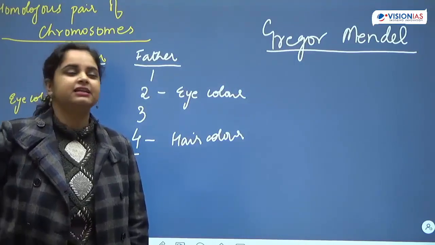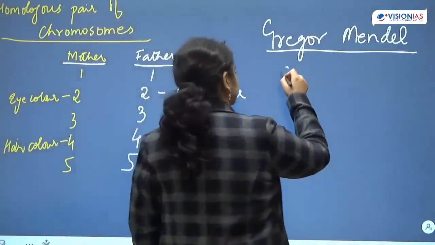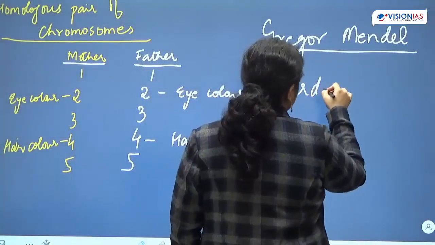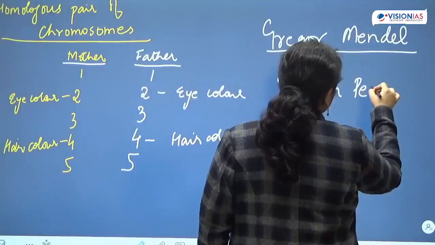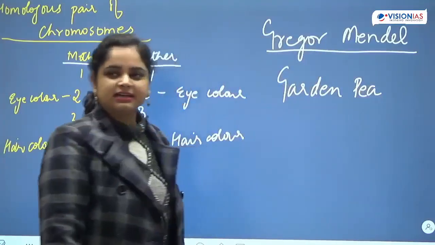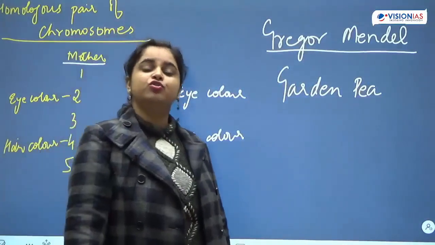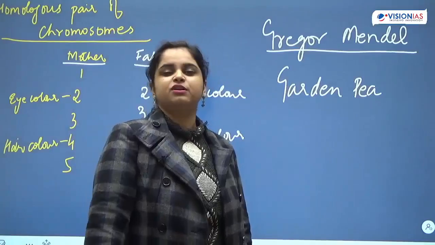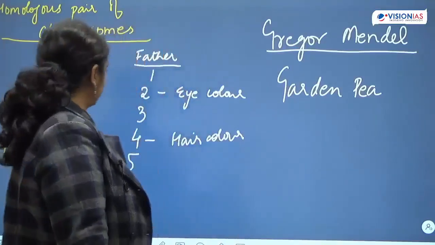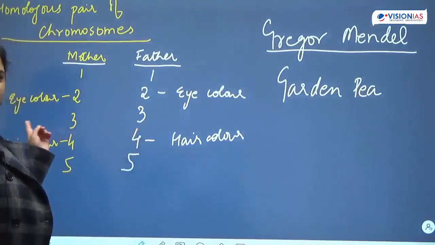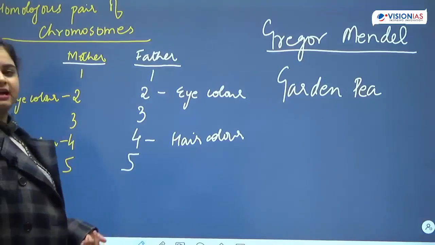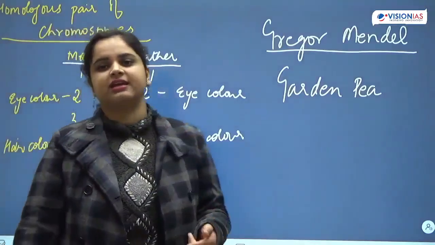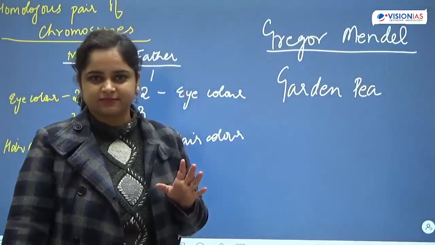He studied the garden pea, your normal matar ka plant. Through that study, he was able to decide that out of two eye color genes, two hair color genes, which will ultimately express and how inheritance is going to take place.